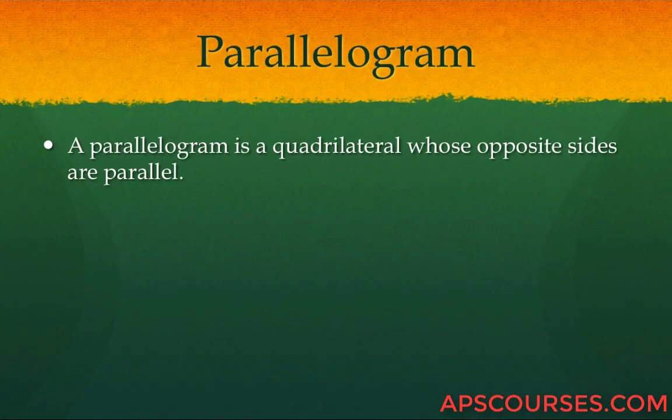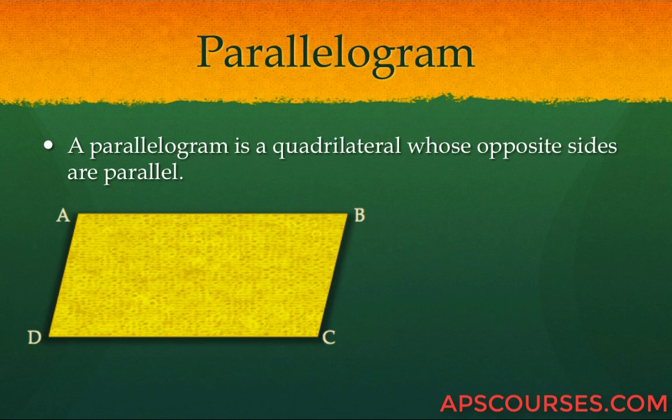Parallelogram. A parallelogram is defined as a quadrilateral with opposite sides parallel. In this figure, if ABCD is a parallelogram, then AB is parallel to CD and AD is parallel to BC.